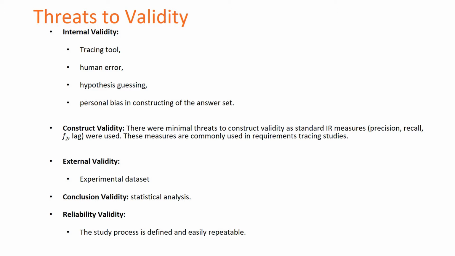Our external validity was the experimental dataset itself, since it was developed by upper division computer science students, so it may not generalize the same way to industry people with experience. Conclusion validity was that we have statistical analysis, and reliability validity was fairly low as well, since this study is defined easily, and you can easily repeat the experiment.